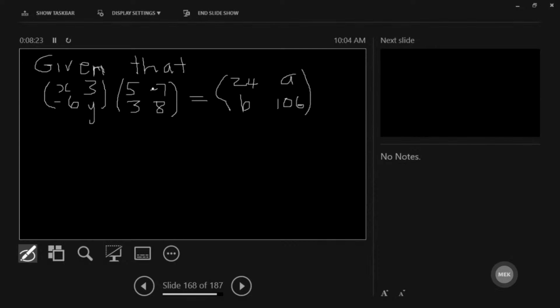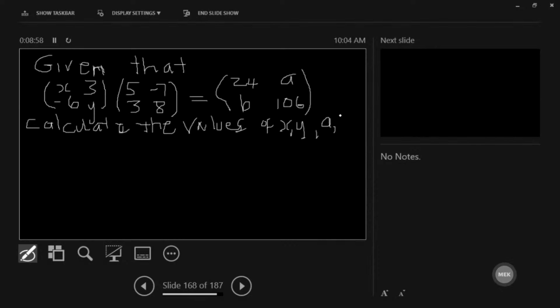So given that the product of these two is equal to this, we were asked to calculate the values of, so we need to find x, y, a, and b, 4 variables.